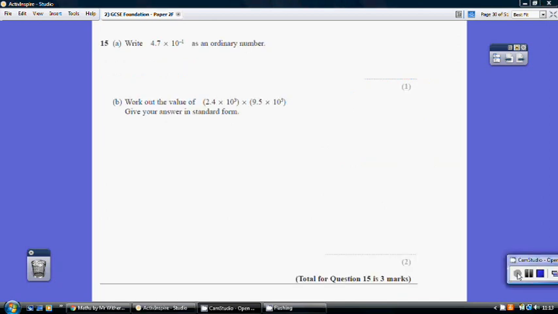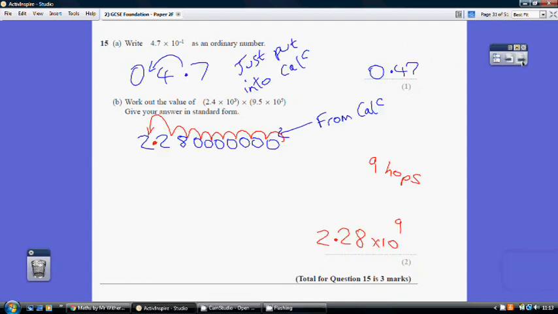It's a. Question 15. Part A, write this as an ordinary number. It's got a minus power, so it's going to become smaller. We just need to move the decimal point 1 to the left, giving us 0.47. You could just put this into the calculator and it will give you the answer.